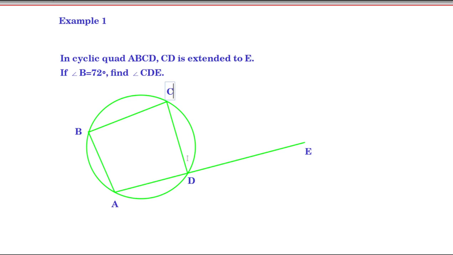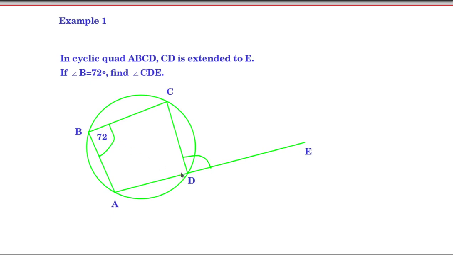Now what's happening here? If angle B is 72, this angle here is 72, find CDE. This is the angle you are required to find, this one here. And that's what you are given.